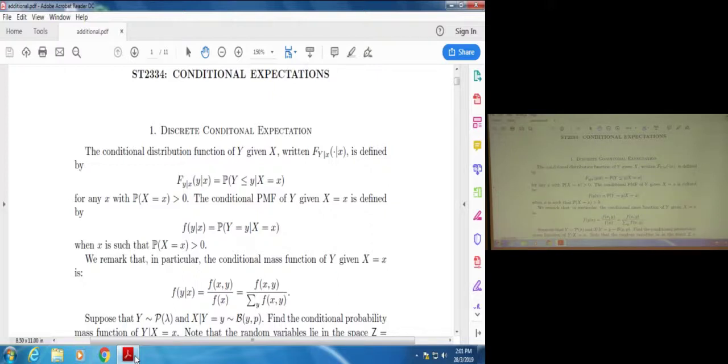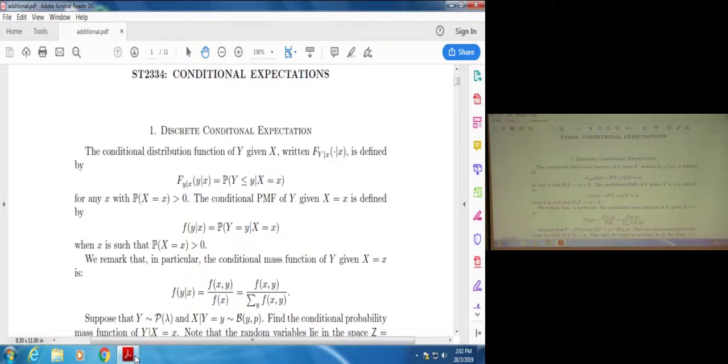The conditional probability mass function of y given x is equal to the joint probability mass function of x and y over the marginal f x of x.